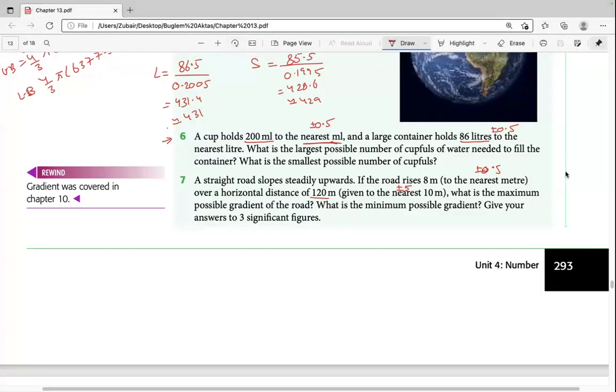So it would be 8.5 over 115, right, as the maximum possible. And then the lowest would be... and what is the value? Up to 3 significant figures.